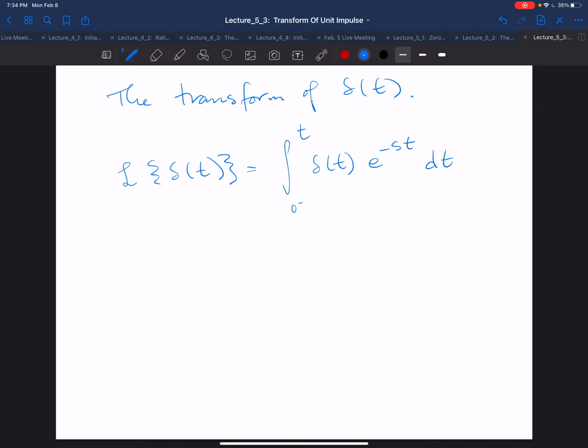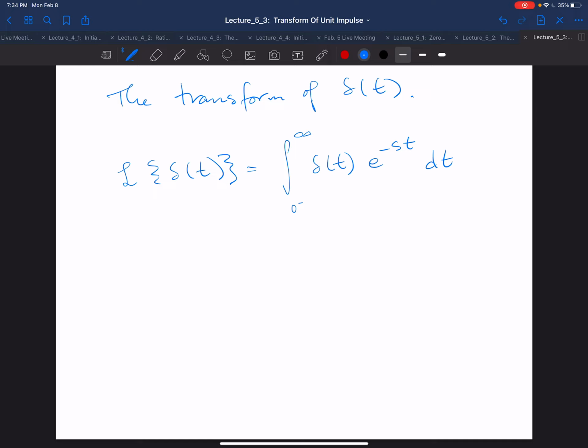By definition, the upper limit of integration should be infinity. We just need to take the transform of delta of t times e to the minus st dt.